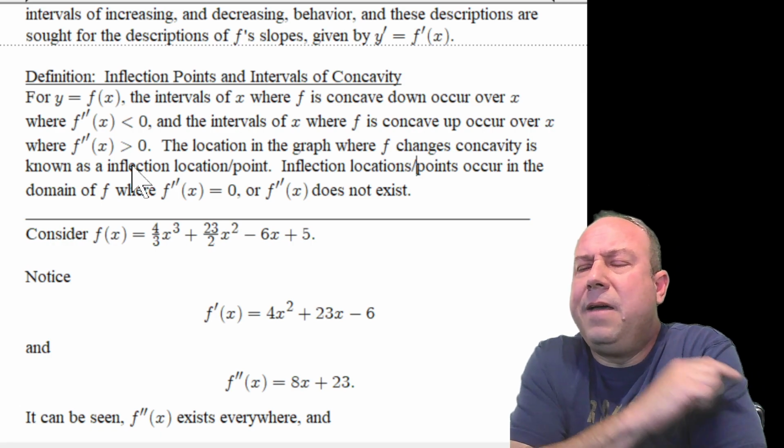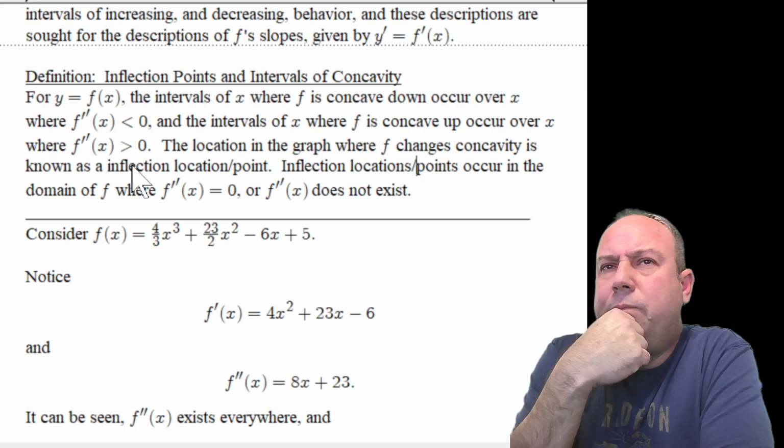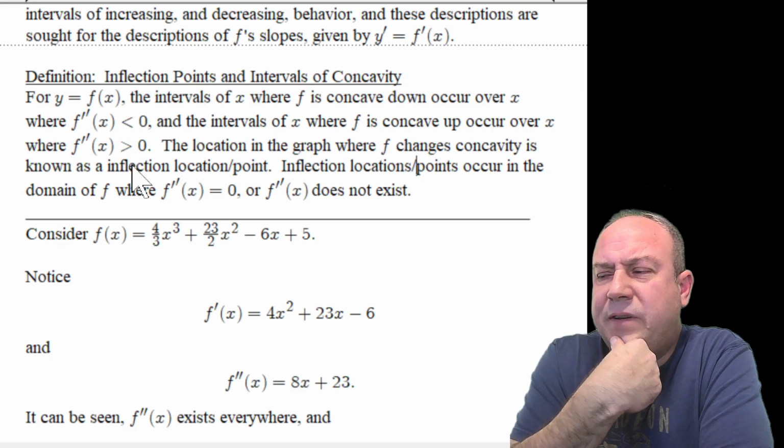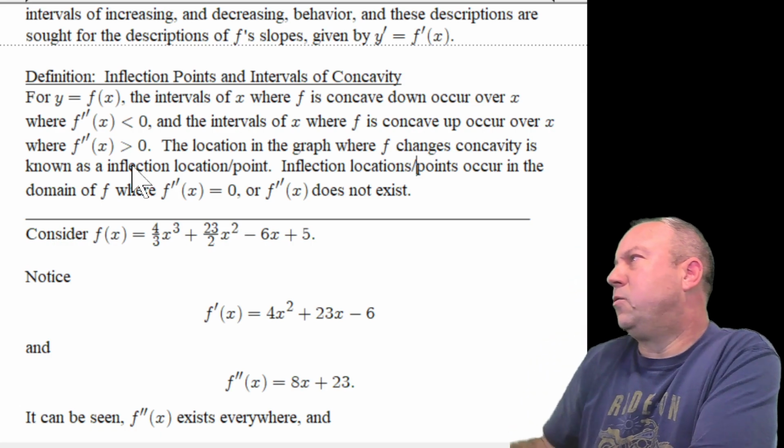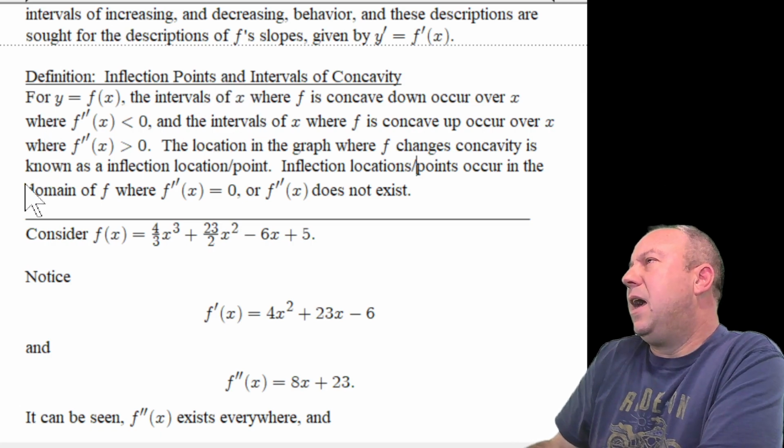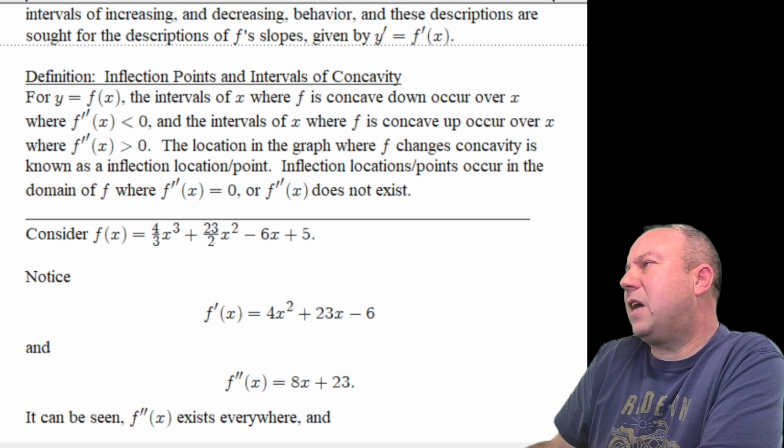All right. Inflection behavior is a little bit more specific than critical behavior, is what I might get into there, folks. Inflection behavior describes behavior between intervals of increasing and decreasing behavior, whereas critical behavior could describe a few things. It could be describing extreme values.